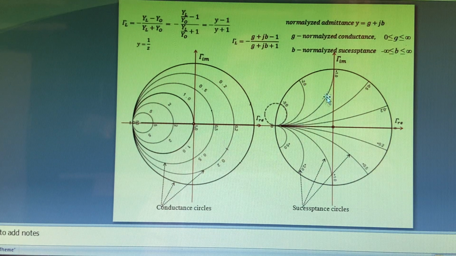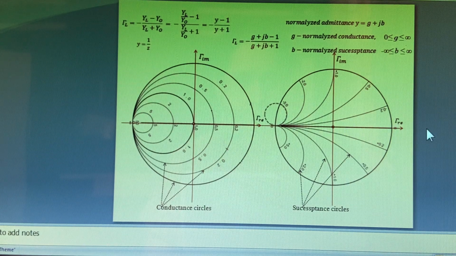Similarly, these all form circles, and the circles above here correspond to the negative susceptance values. This circle corresponds to minus 2, and this one to minus 0.2. The B equal to 0 circle will be here, and it has an infinite radius.